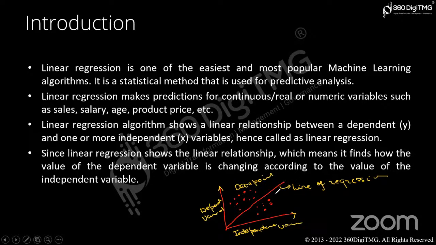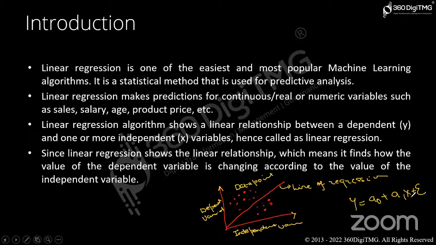When we talk about the mathematical representation of linear regression, it could be given as y equals a0 plus a1 of x plus epsilon. Y is the dependent variable, that is the target variable.